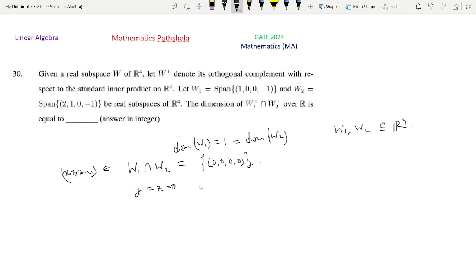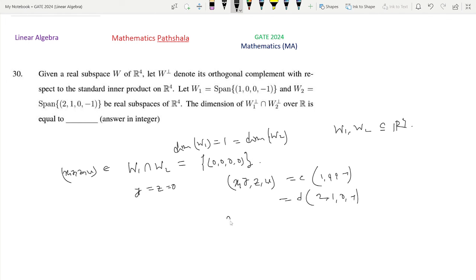Also, this x, y, z, w will be some scalar multiple of 1, 0, 0, minus 1, say c times it, and also a scalar multiple of 2, 1, 0, minus 1, say d times it.